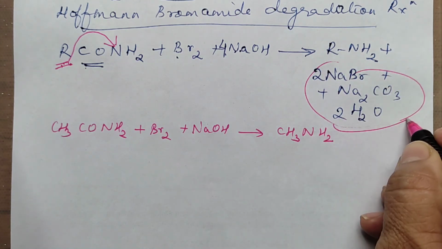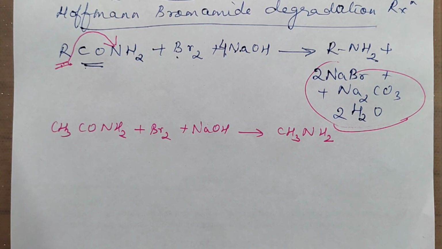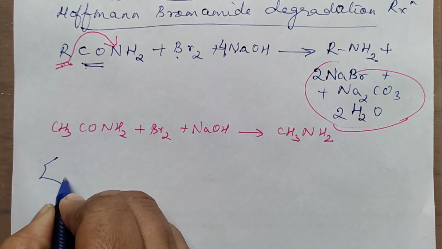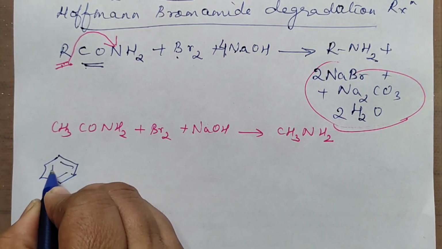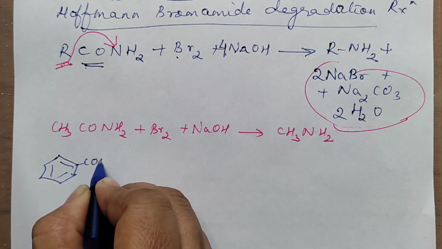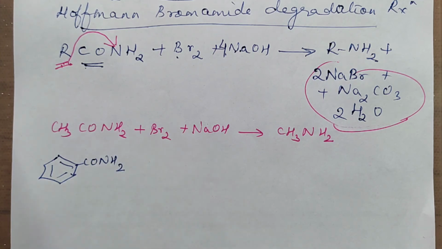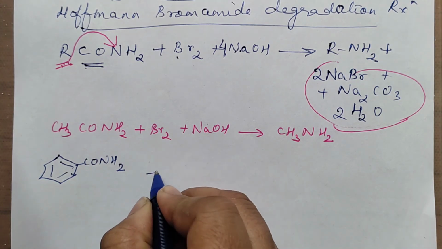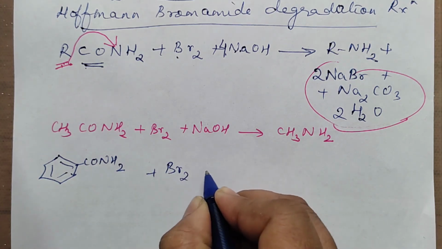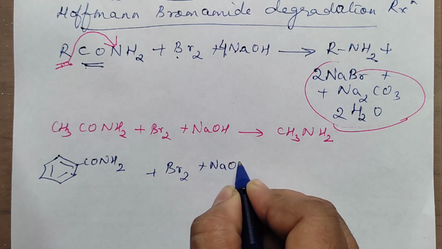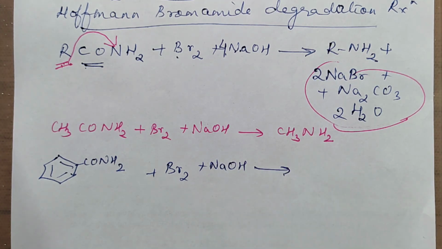Now in case I am using some aromatic compound, suppose I am using benzamide, and react this with bromine in the presence of NaOH. I think you can write down the product here, what you'll be getting.